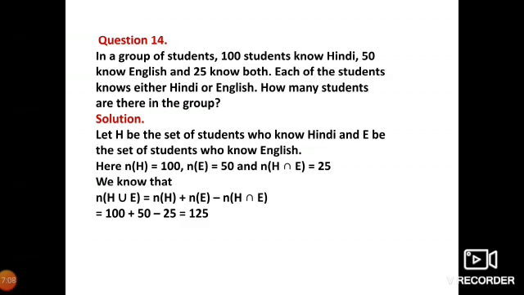We have already learned that "or" means union, so you have to find H union E. Let us take the students who know Hindi as H, and the students who know English as E. n of H is 100, n of E is 50 and n of H intersection E is 25. By using the formula, n of H union E equals n of H plus n of E minus n of H intersection E. So 100 plus 50 minus 25 is equal to 125.